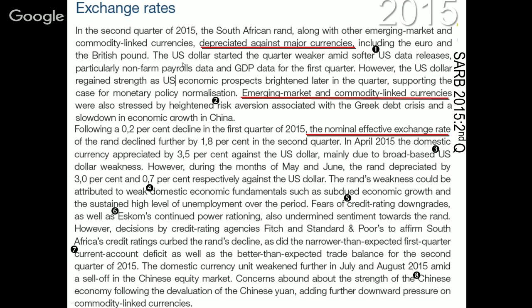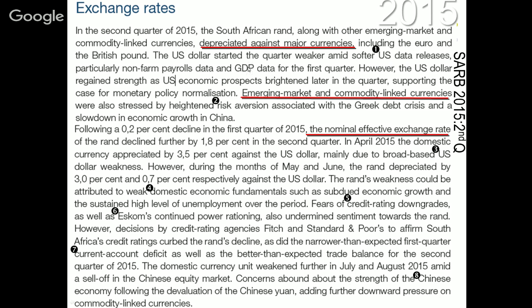So then they talk bilaterally. The US dollar started the quarter weaker on softer US data releases, particularly non-farm payrolls data and GDP data for the first quarter. So what do they tell us about the US data being important?